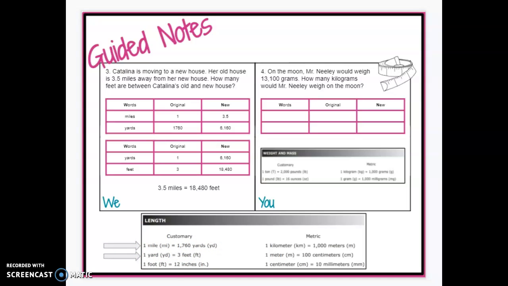So as long as you keep your information lined up, miles and yards, and you keep it all lined up, you're pulling your original from your chart and you're pulling your new information from the situation, then everything should work out fine. So again, you can go ahead and hit Control-Alt together in the plus sign.